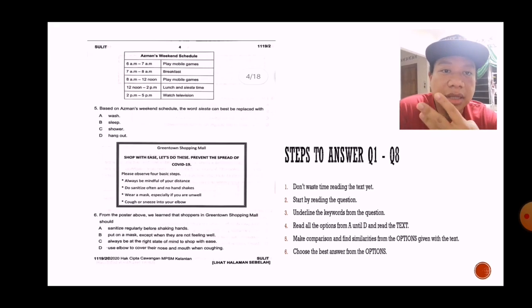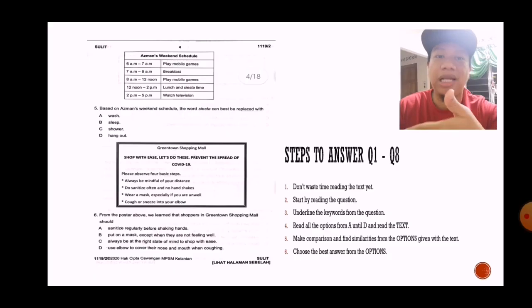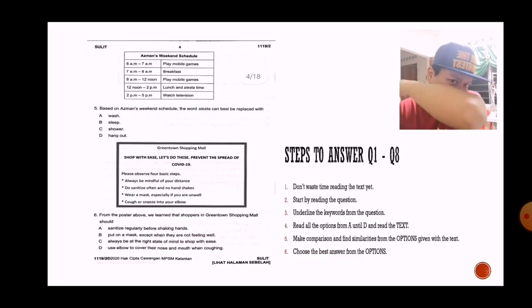Number 3, wear a mask especially if you are unwell. Okay, pakai mask kalau tak sihat. Pelik kan B tadi? B is wrong lah, definitely wrong. Number 4, cough or sneeze into your elbow. Cough or sneeze, bersin into your elbow.